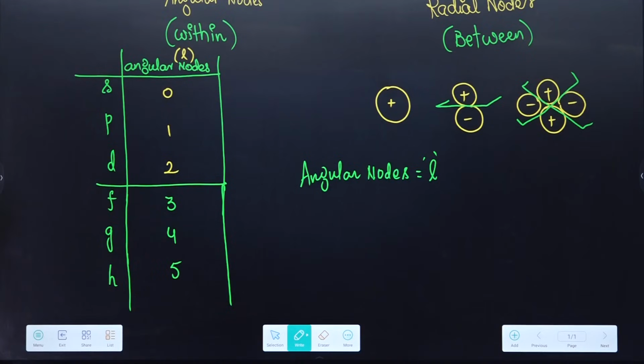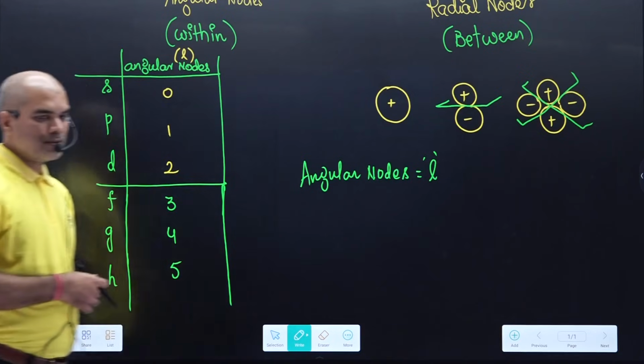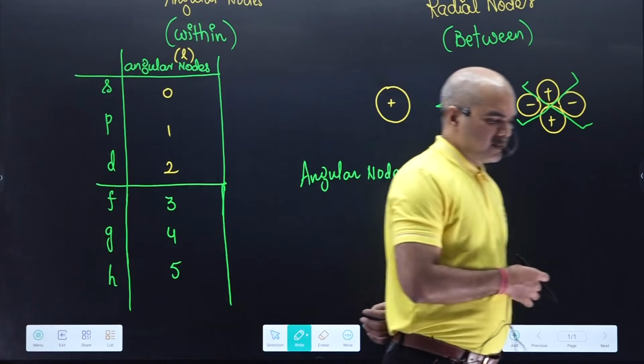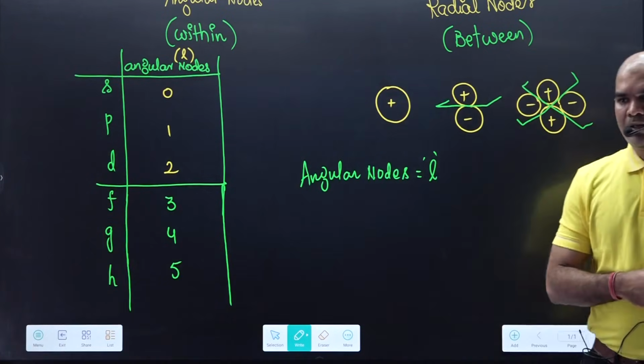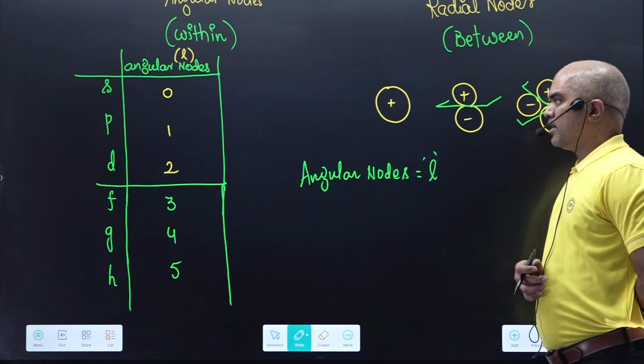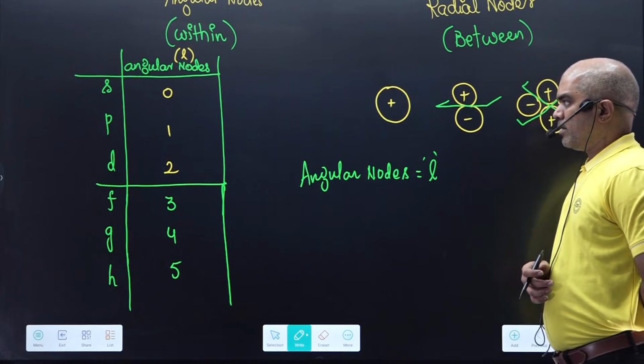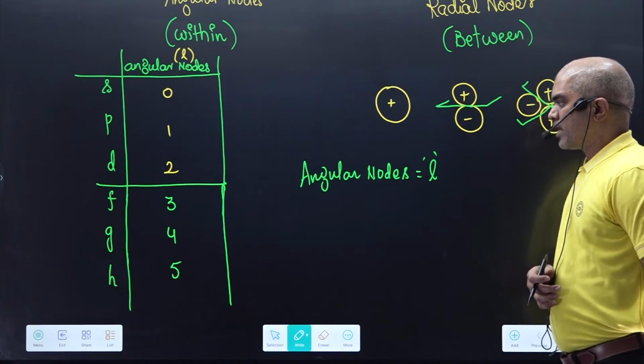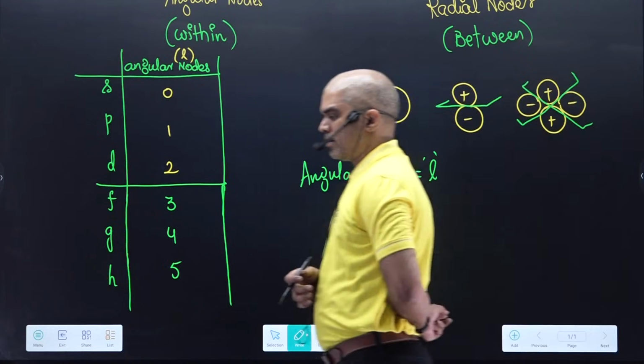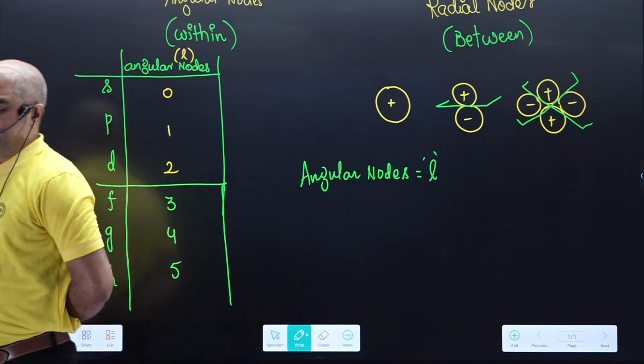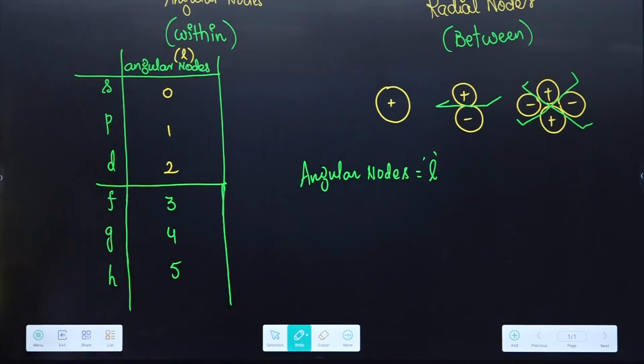Last class we discussed a few basics of quantum numbers, rules for electron entry, and shapes of orbitals. Today we are continuing with the nodes. We'll discuss multiplicity. Today in the first session we'll complete these basics.